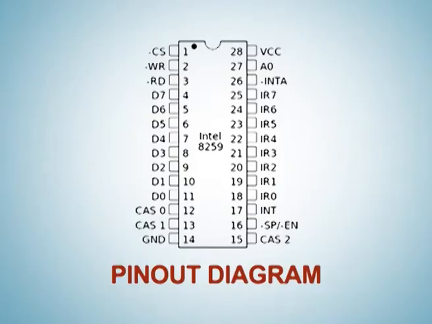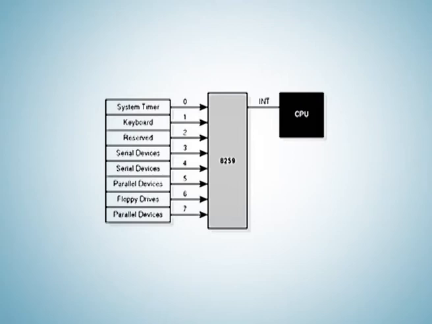Therefore, to allow the multiple devices with different priorities to interrupt the CPU, an external hardware called interrupt arbiter is used. The 8259 interrupt controller is one of the integrated circuit chips which receives interrupt from the multiple external devices, resolves priority and conflicts, and generates a single interrupt signal to the CPU through the INTR pin.